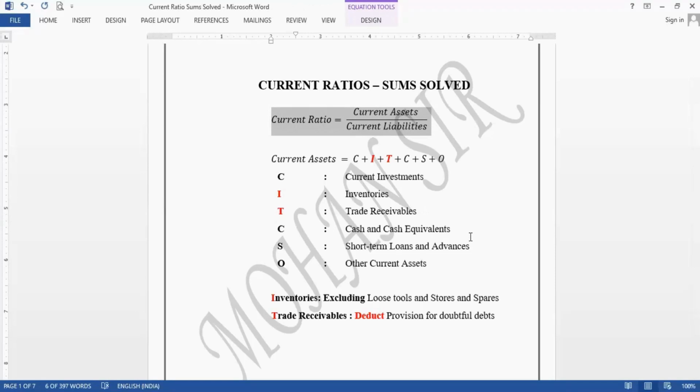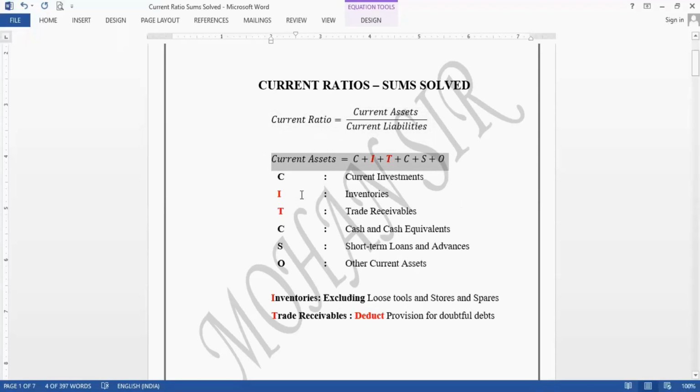Now let us go through the contents of current assets. Current assets we can see here, it is CITCSO, right? We all know that in current assets there are 6 subheads.